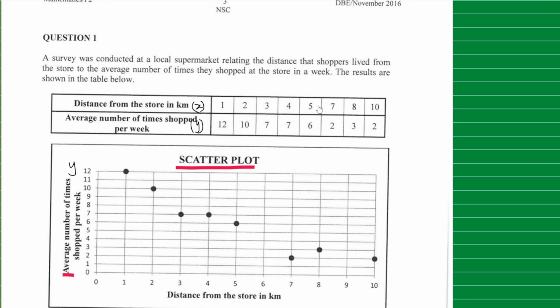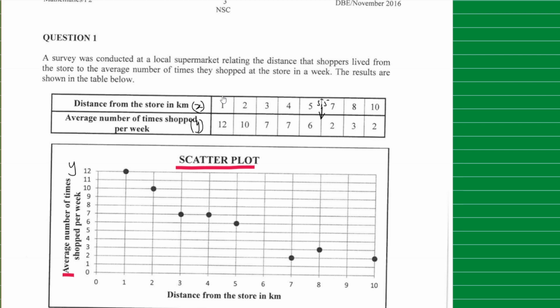So what would be the expected number of times per week? So we predict that. That is what is called interpolation.